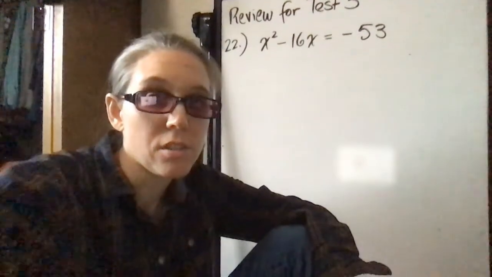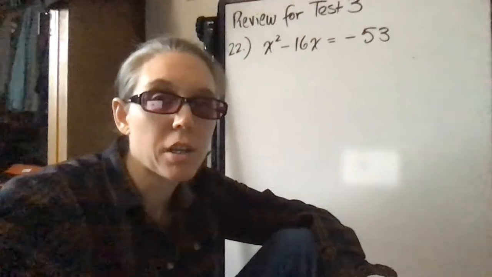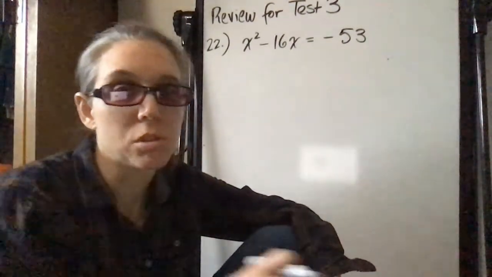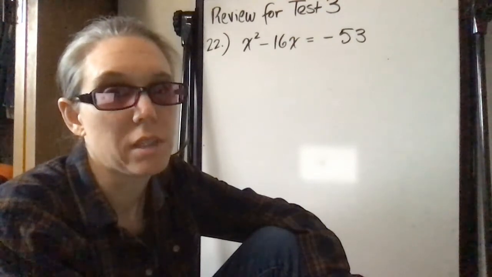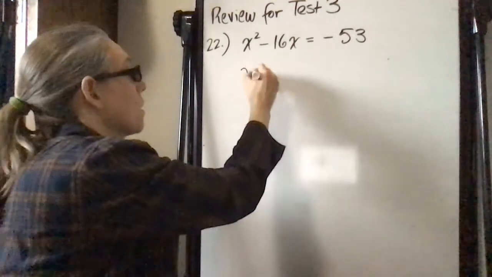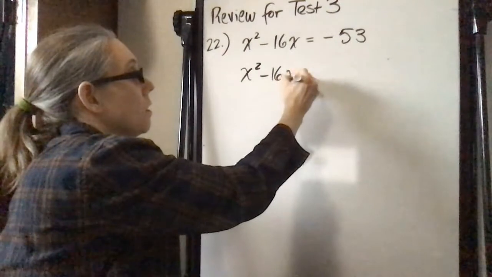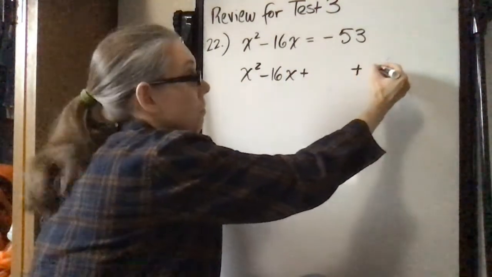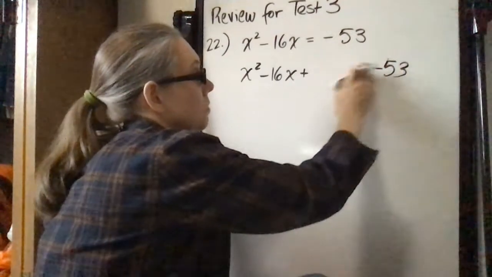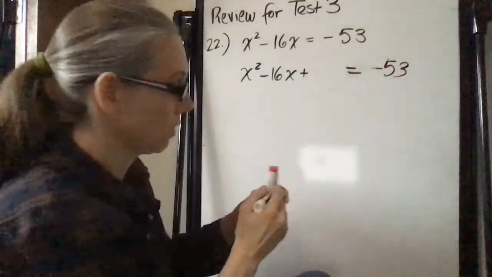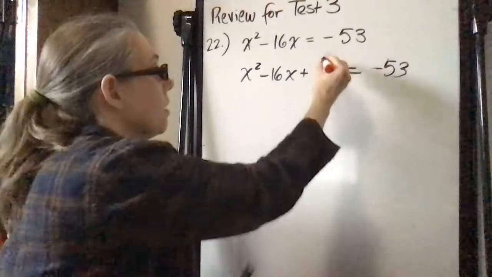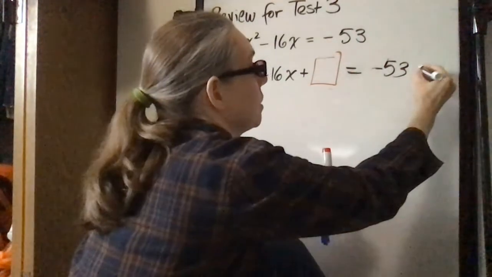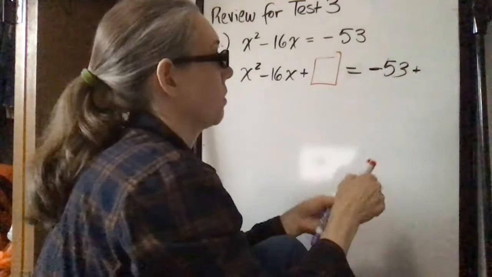Question number 22, you don't have to email me your work because it's already going to be broken up for you online into multiple steps. So what we're going to do is complete the square. Okay, so what they have is a box here for you to fill in and a box here for you to fill in.